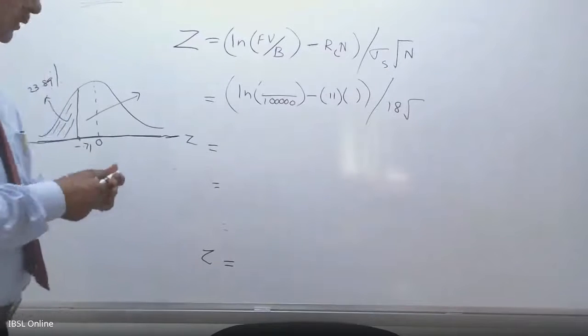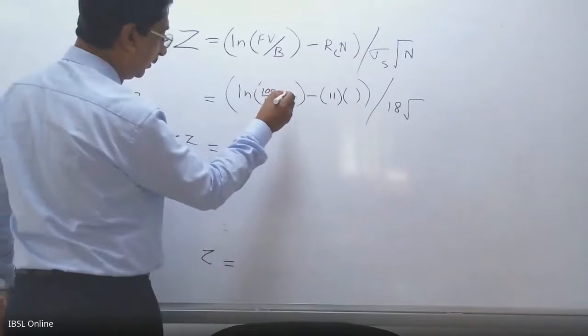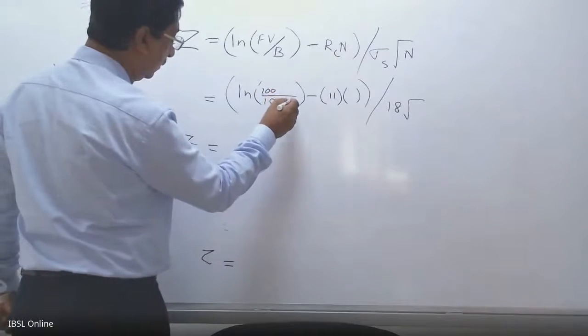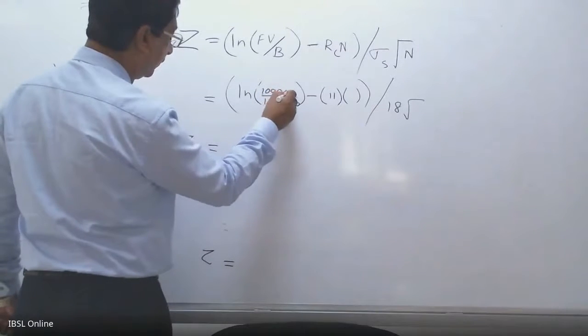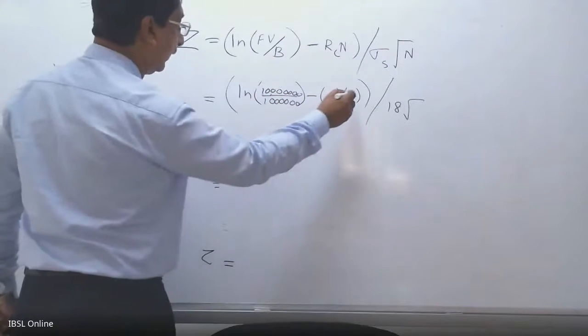Now, here it will be 1 million and 10 million. So, therefore, here it will be 30.